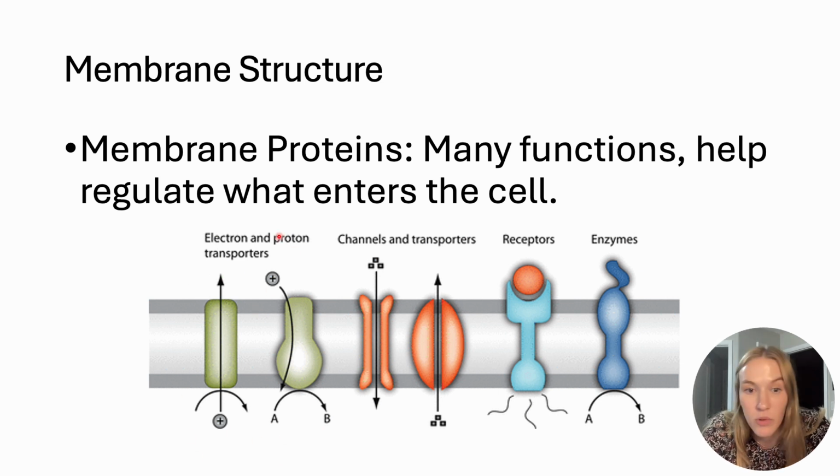These are going to be really important when we get into cellular energetics in Unit 3. We're going to talk a lot about channels and transporters today. And then we also have receptors and enzymes that become a really important part of cell signaling, so Unit 4 and beyond.